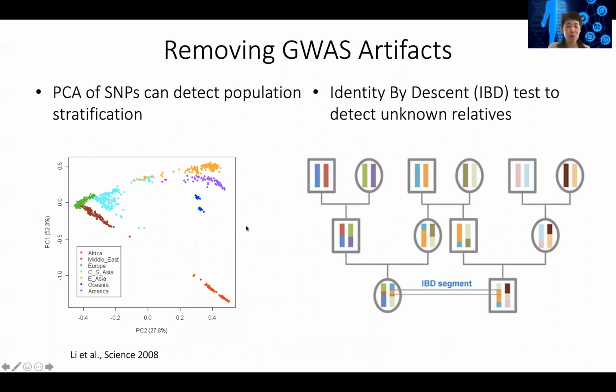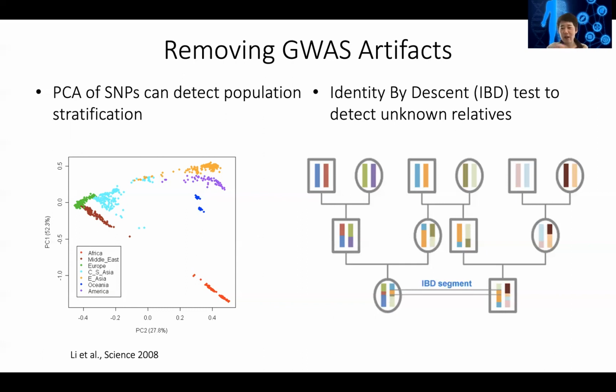Another situation is that there are some unknown relatives. Maybe you have a distant cousin in this study that you don't know, or in a case-control study, we don't want family structures. You really want unrelated individuals for the case-control study. There is also something called IBD, identity by descent, which gives you the chance that two individuals are from the same family.